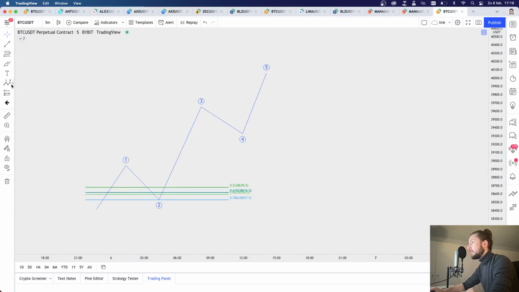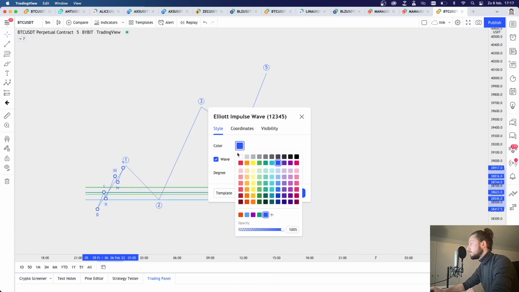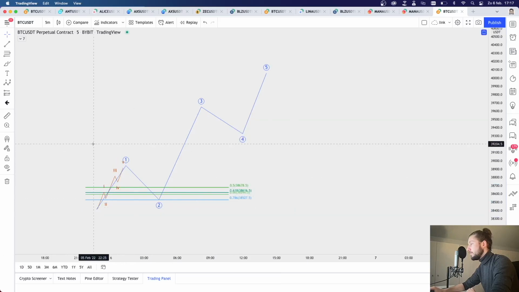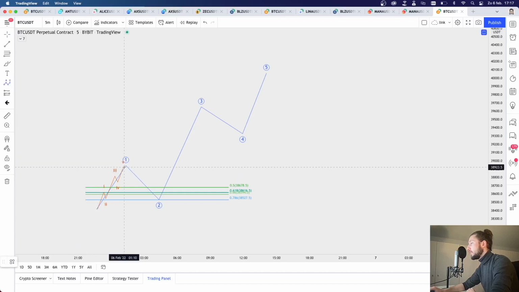In that first wave, you'll see another 5 waves in here. And then in the second wave, it mostly moves in a correction pattern as an A, B, and a C wave to the downside.